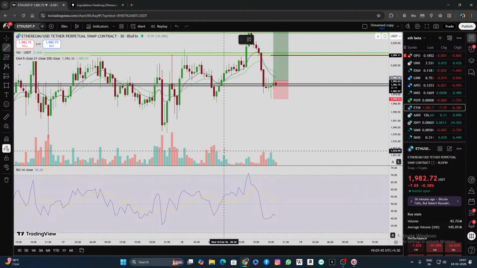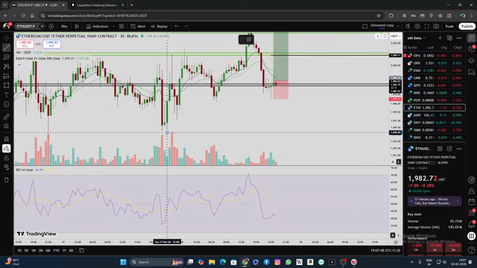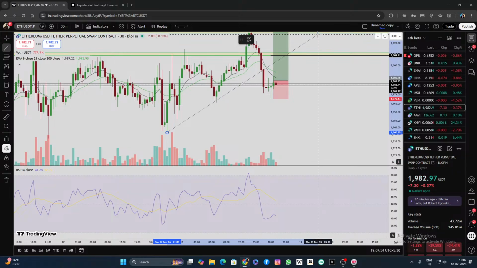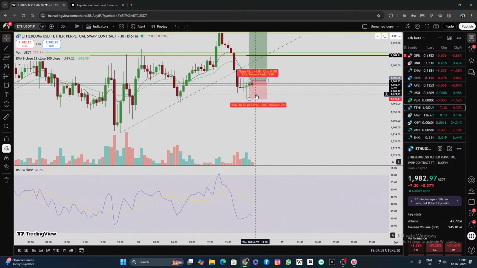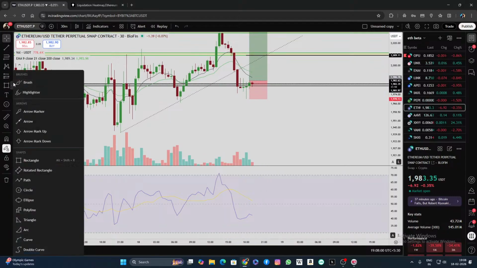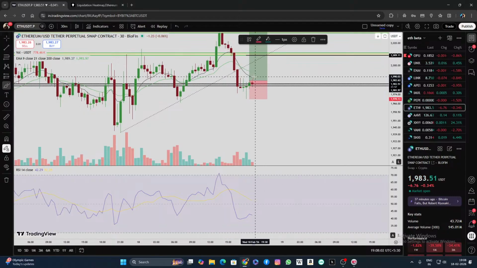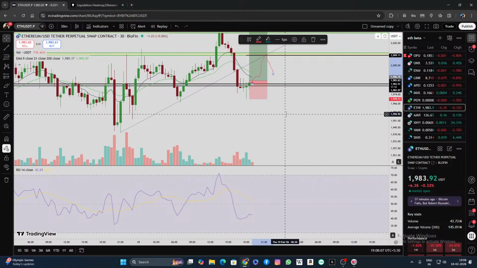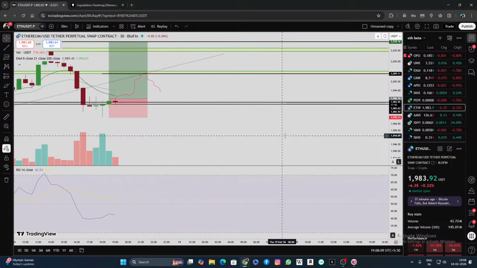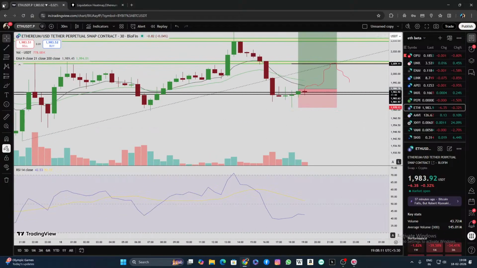Even if it is going to dump, it will also retest something around here, so it should at least give us a 1 hour from here. We'll see how it plays out.